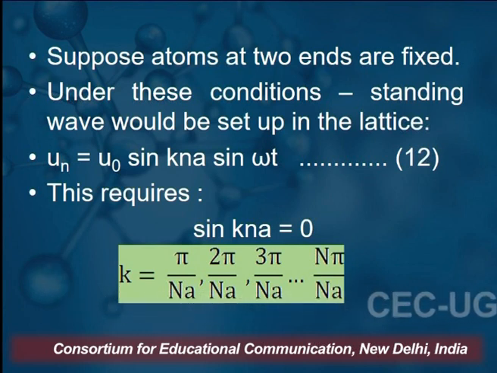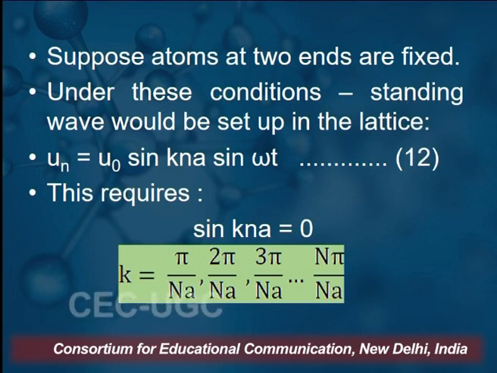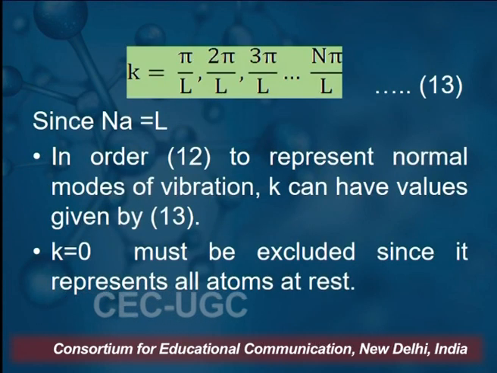This means Ka will be equal to n pi, and K will have values pi by Na, 2 pi by Na, 3 pi by Na and so on up to n pi by Na.